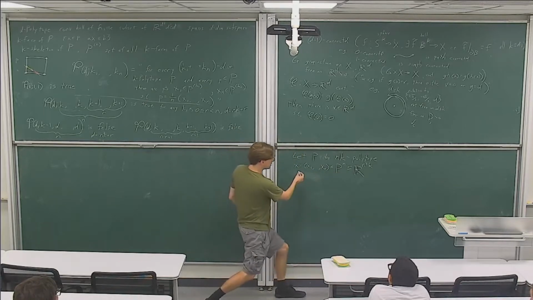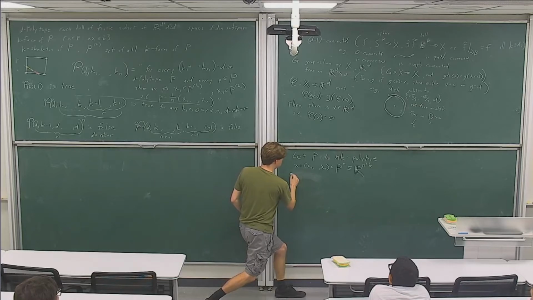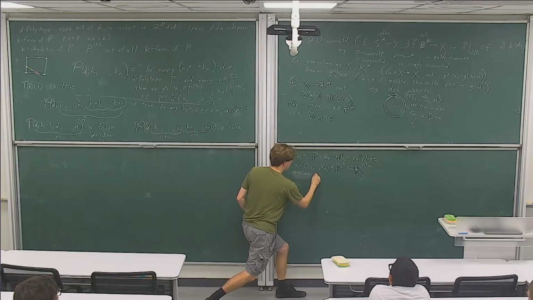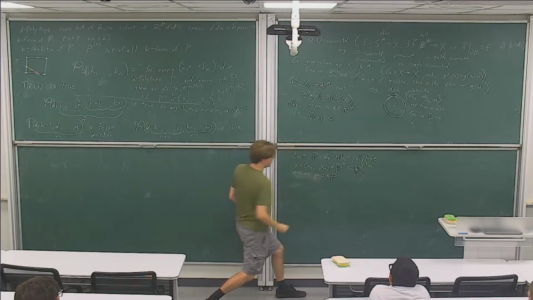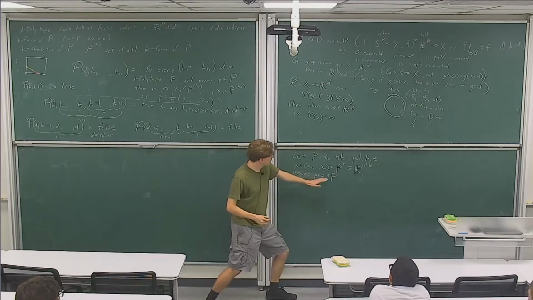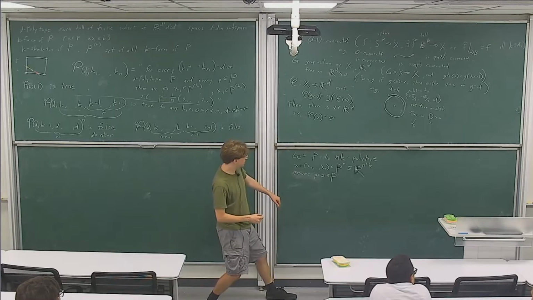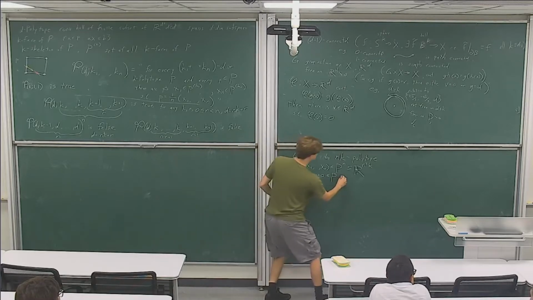So let's assume that 0 is in my polytope, and this will be the point that I want to be the barycenter.